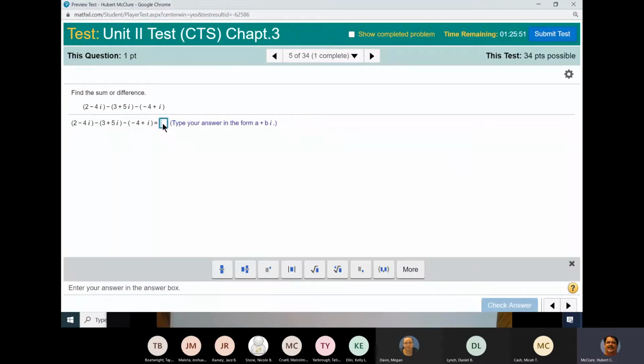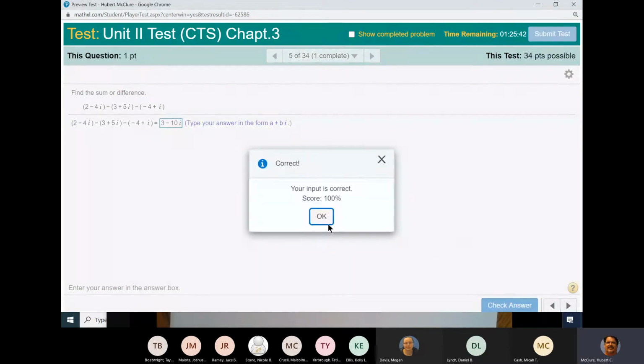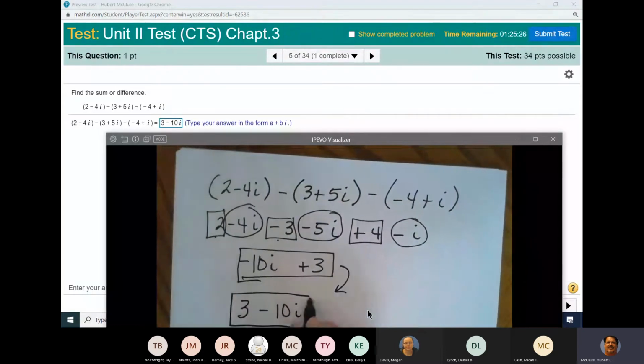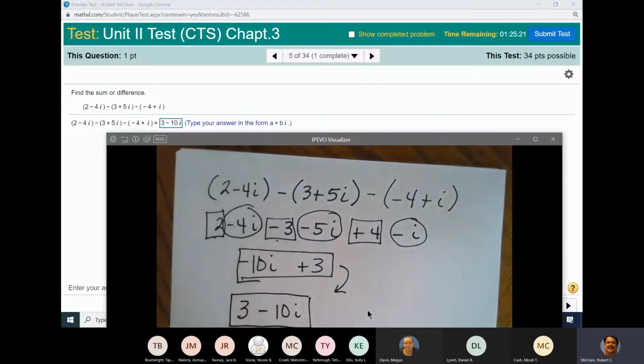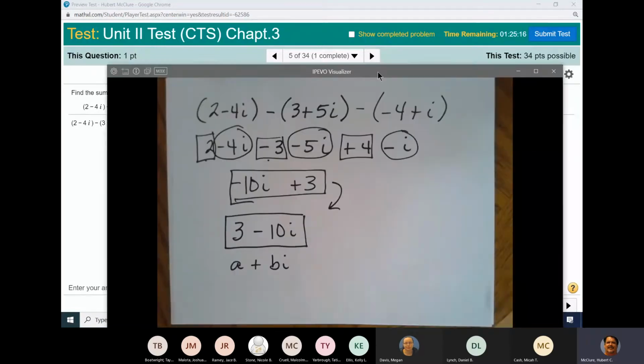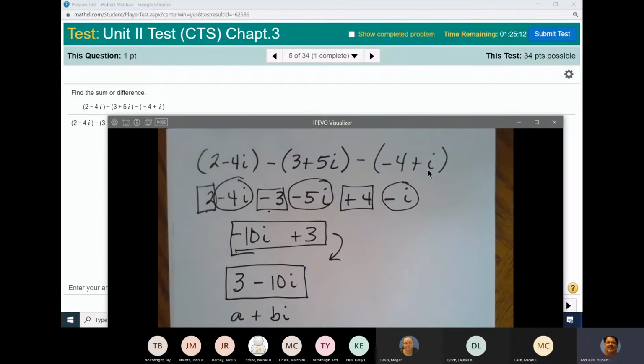So you put it in that form, 3 minus 10i. This is in the form a plus bi. Next.